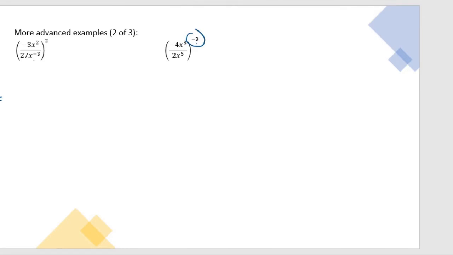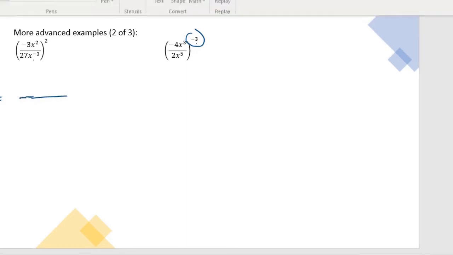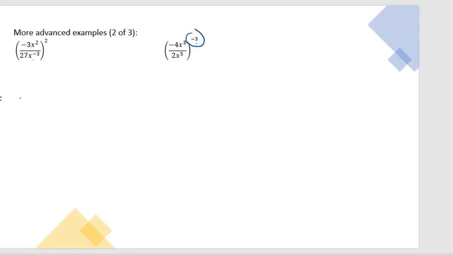Much like the last page, I'll look at the numerical values separately from any variables. So we have -3 over 27. So that negative is going to stay, or I could write it out in front of the fraction. It's up to you. Maybe this time we'll leave it in the numerator. So let me tidy this up before we get too much further.